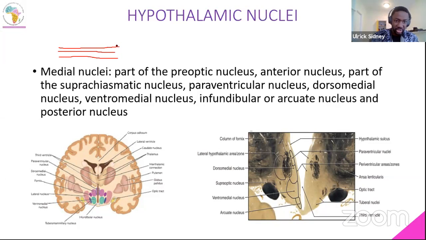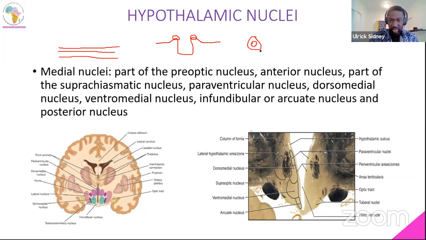Then we said this sheet here went like this, and this here was called the neural crest. And then these two met up and gave a tube, right? And at the center of this tube, later on, this is where the CSF will be.